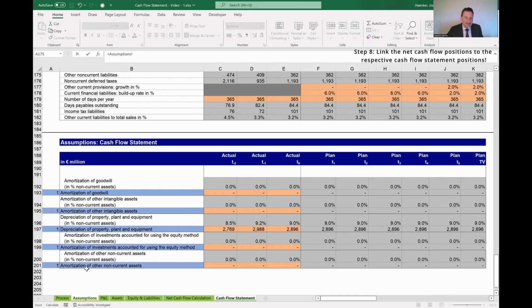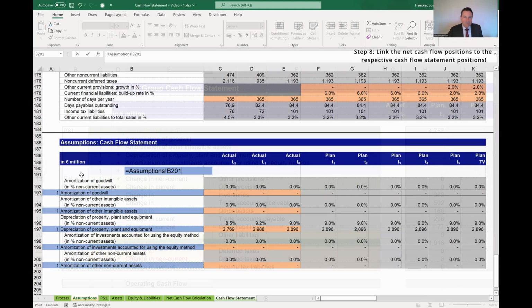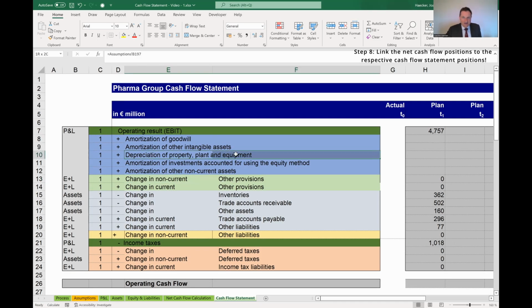And it is the amortization of other non-current assets. So basically you see depreciation is on tangible assets such as property, plant, and equipment. Amortization is on intangible assets such as goodwill, other intangible assets, and then investments accounted for using the equity method and some other non-current positions.